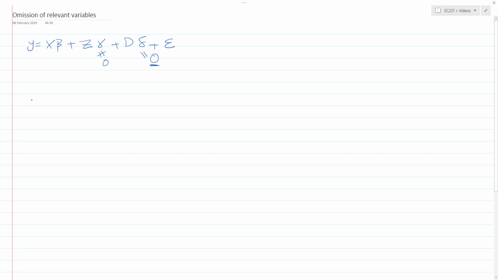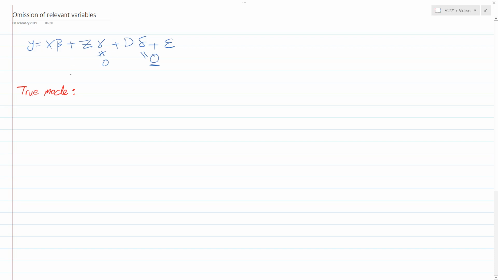So let's say that we said d was an irrelevant variable, so I'm going to drop it out of the regression. So the true model, and basically the phrase true model means that y is related to these regressors in this way.